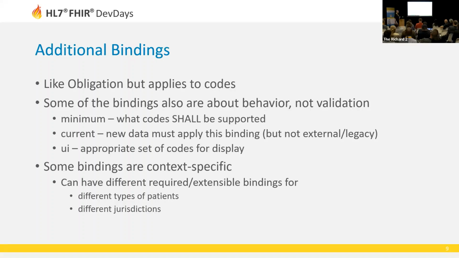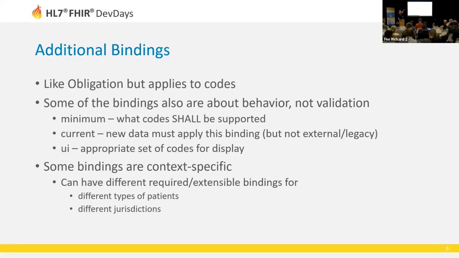But there's a few bindings that are particularly useful for us in the area of conformance. So minimum binding is saying this is the set of codes that you have to support. And we're going to use this, for example, when I say I support sliders, I will include a minimum binding that says, you know, that control type code that says this needs to be a slider, I have to support that in order to be a slider-enabled system.